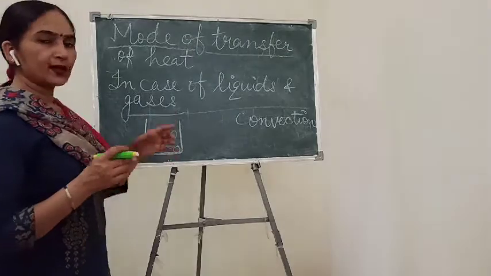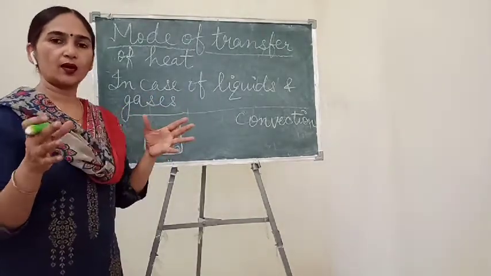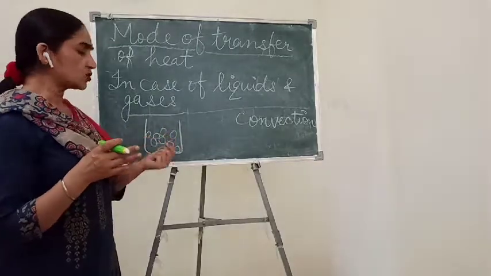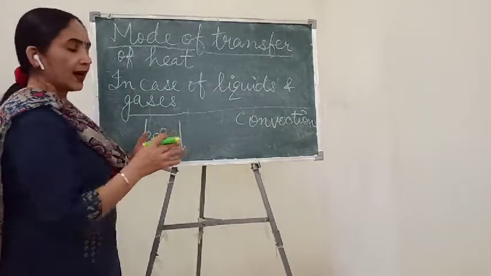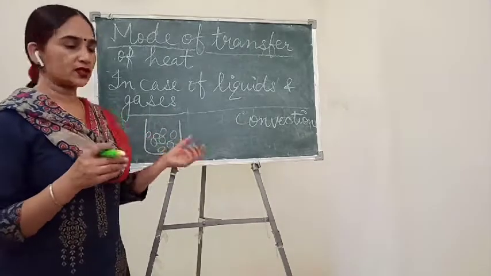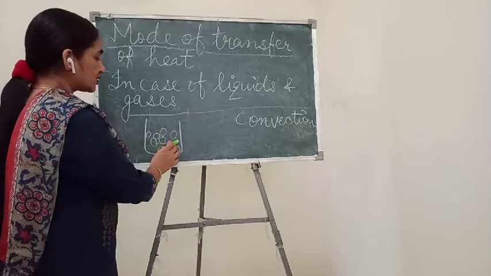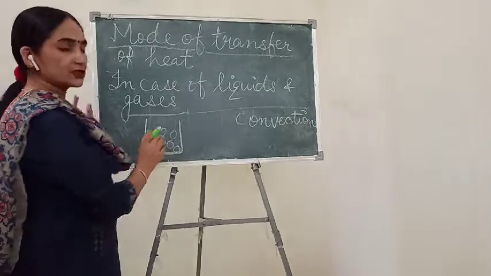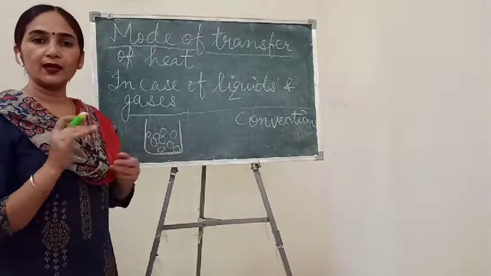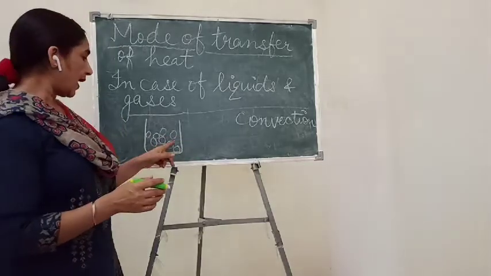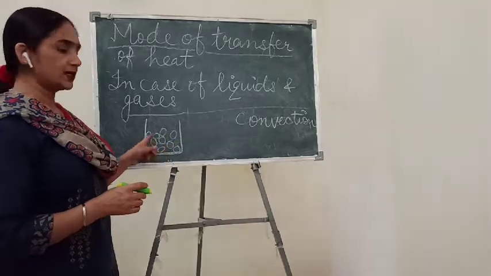Some molecules can stick or be attached to each other, but most of the molecules are present far away from each other. We can say there are large intermolecular spaces between them. Spaces between the molecules are called intermolecular spaces.